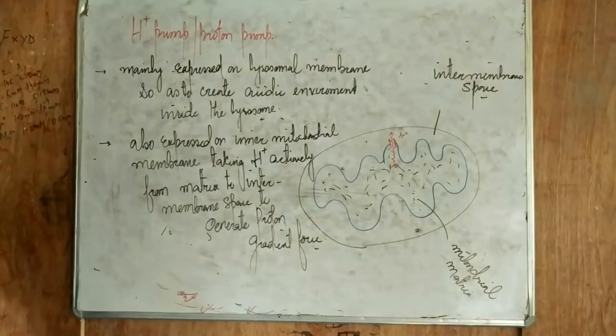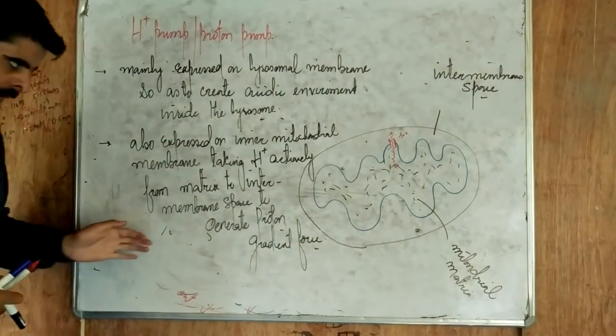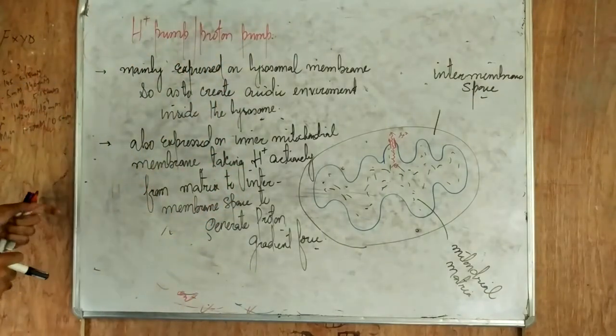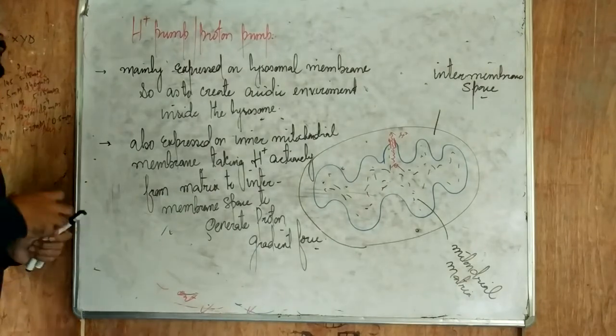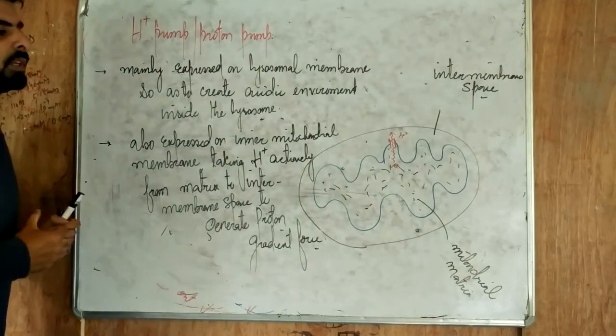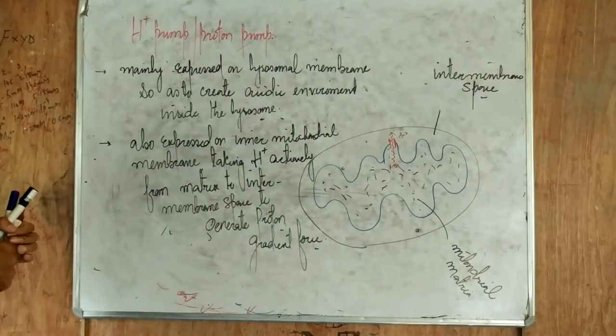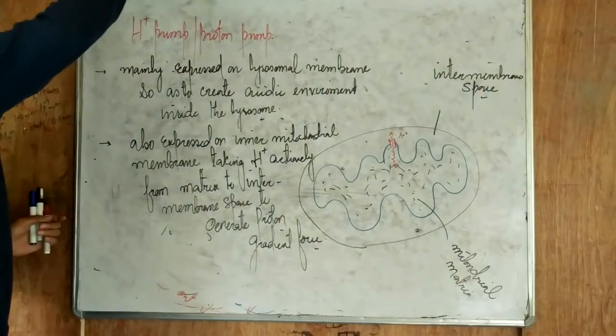It's a very important thing which you have to keep in mind. So they are also expressed on the inner mitochondrial membrane, where they are taking the hydrogen or protons actively from the matrix into the intermembrane space, so as to generate proton gradient force.